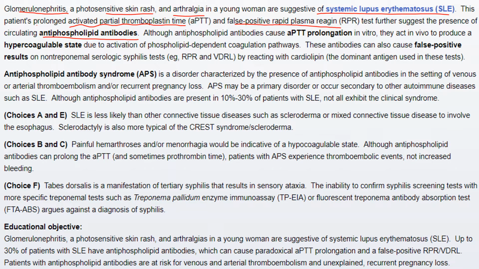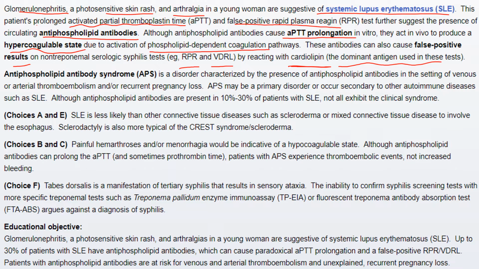Although anti-phospholipid antibodies cause APTT prolongation in vitro, they act in vivo to produce a hypercoagulable state due to activation of phospholipid-dependent coagulation pathways. These antibodies can also cause false positive results on non-treponemal serologic syphilis tests, for example RPR and VDRL, by reacting with cardiolipin, the dominant antigen used in these tests.